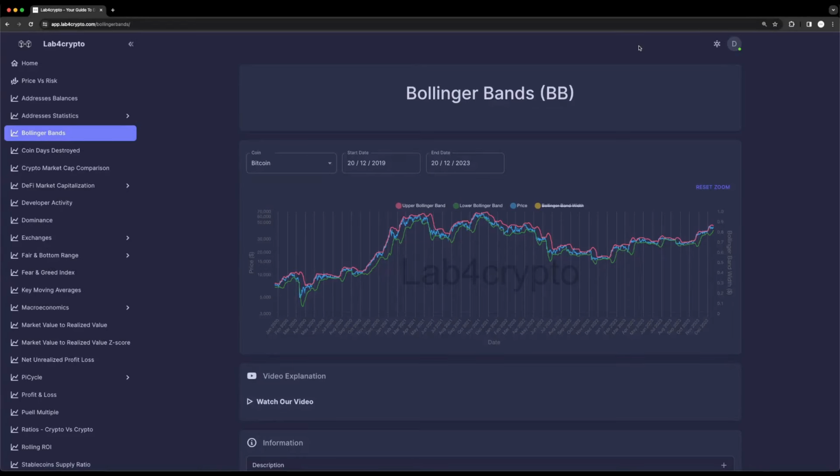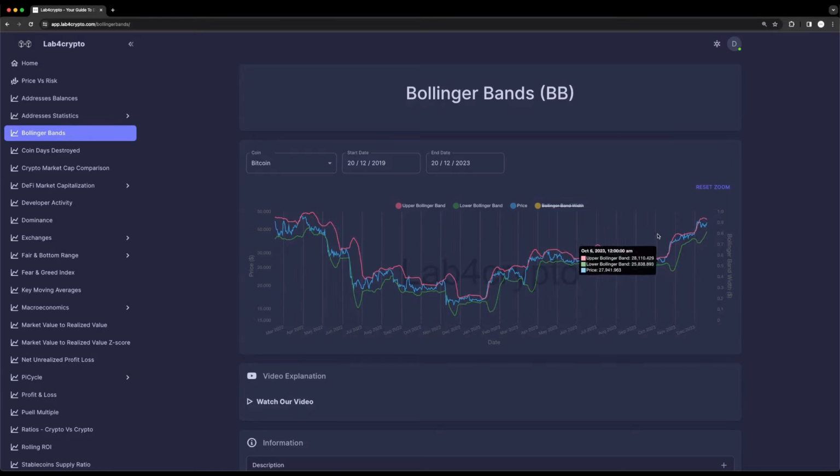Bollinger Bands seems to do an amazing job in finding potential supports that tend to be price reversals and also finding potential resistances where the price is expected to find a local top.